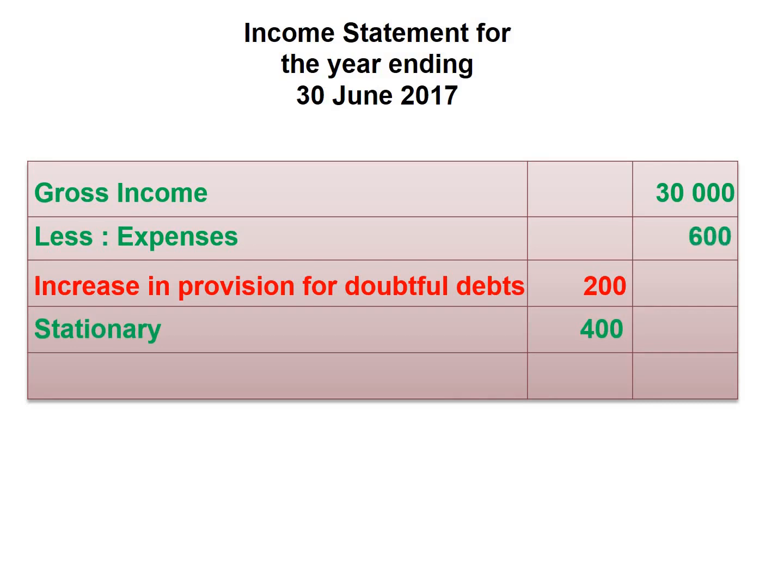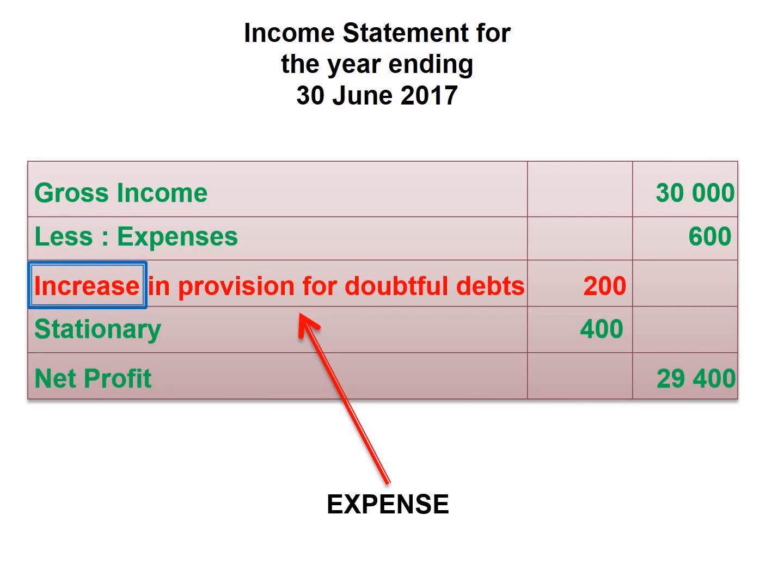Then we have stationery, and if we add up our expenses, it will come to $600, giving us a net profit of $29,400. But I want you to pay attention to the increase in the provision for doubtful debts. If there's an increase, we will record it under the expenses. And also we recorded the difference, the movement from the beginning of the year till the end of the year, which is $200.